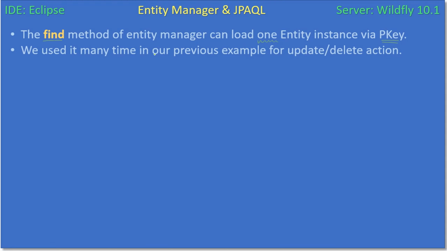We used it many times in our previous examples for update as well as delete actions. In case of update, we perform a find, we get an entity, and from that entity we make a field update. Towards the end of the business method, the entity manager will issue a native query execution. That will be an update. For delete, we mark the record for delete, and towards the end of the transaction, the delete will be issued.